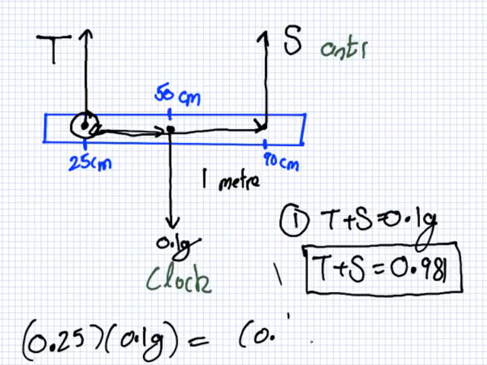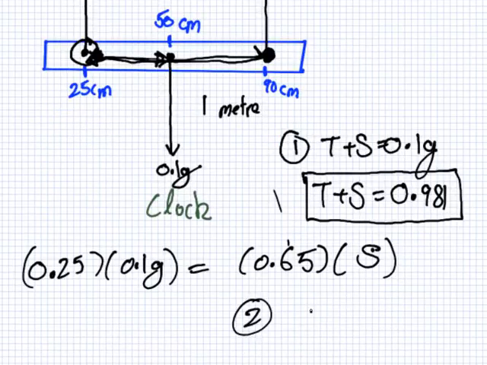So 0.65 times what's the force here? Remember, it's distance by force, and the force is S. So equation 2 is 0.65 S equals 0.245.